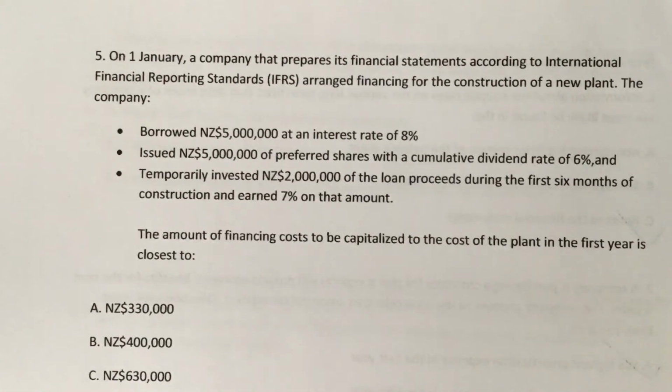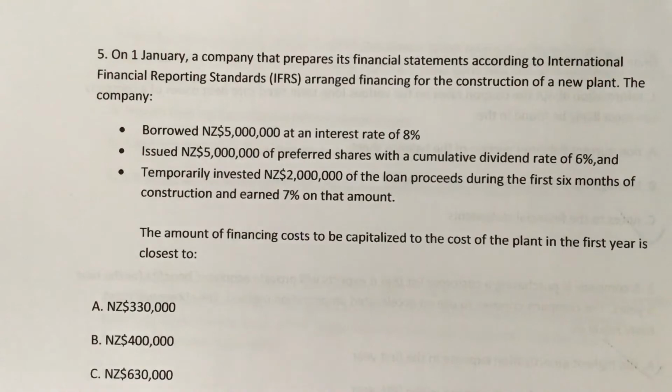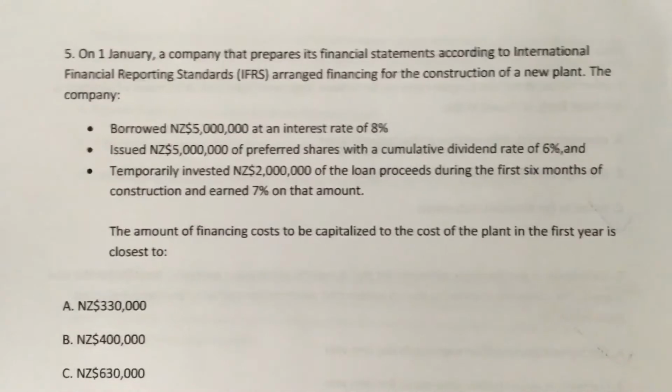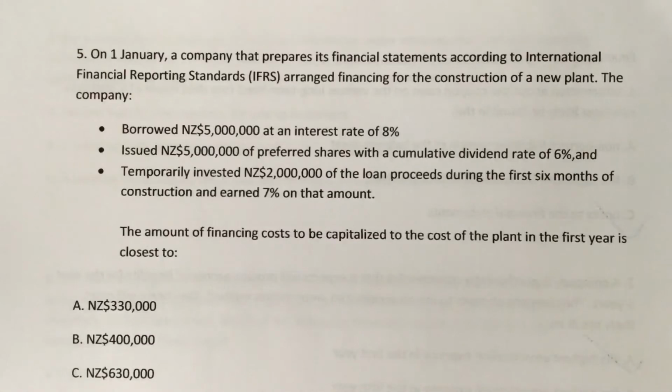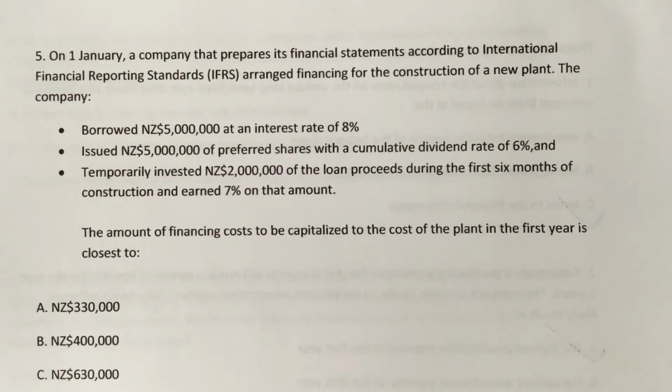Question 5. On 1st January, a company that prepares its financial statements according to IFRS arranged financing for the construction of a new plant.